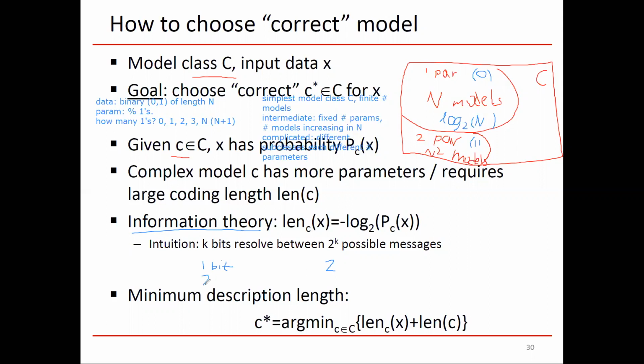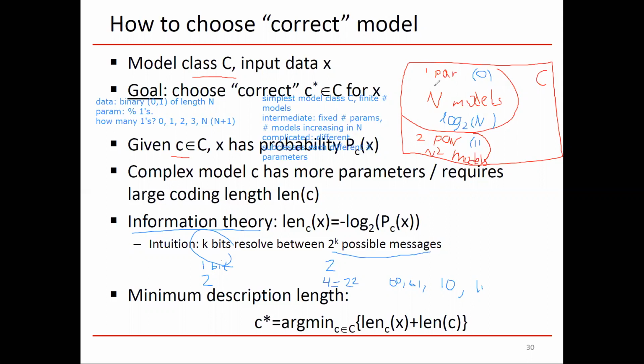If we have 2 bits, we can resolve between 4 possible messages, which is 2 squared. And to make this concrete, the combinations of the bits could be 00, 01, 10, and 11. So 4 pairs of bits. And if I have k bits, I can have 2 to the k possible messages.